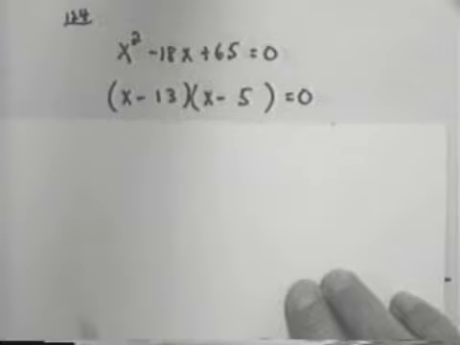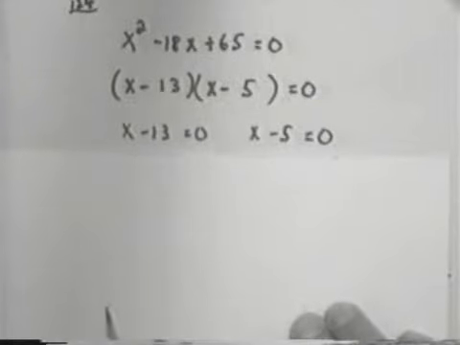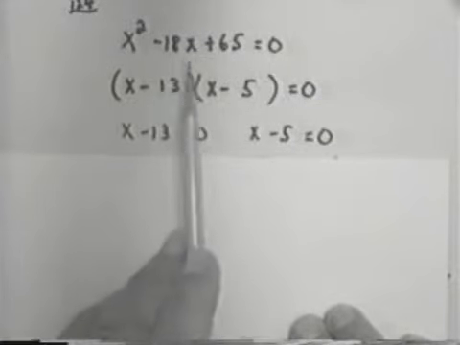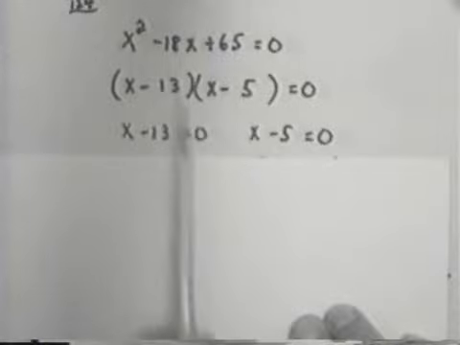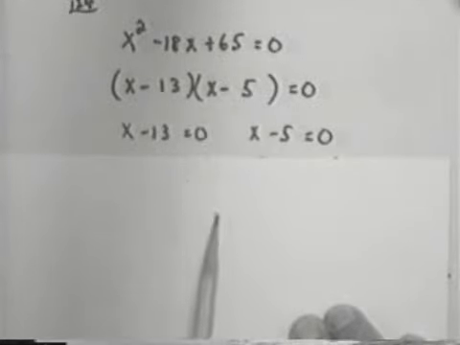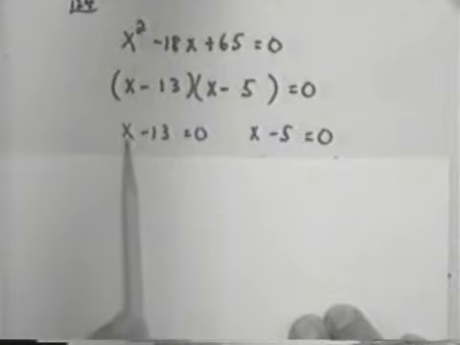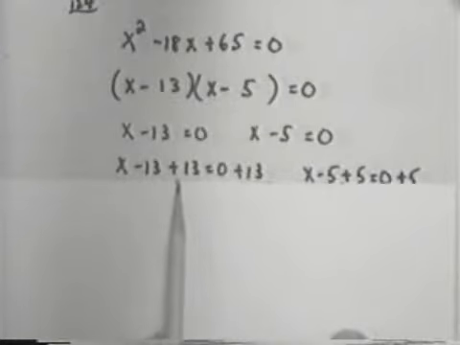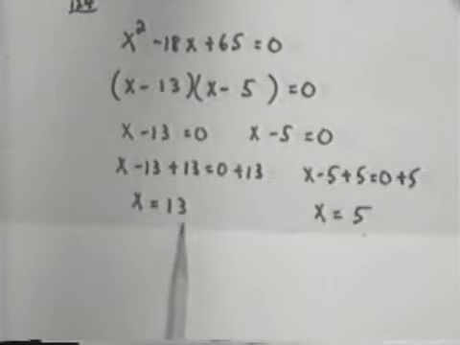Now we set each factor equal to 0. x minus 13 is equal to 0. x minus 5 is equal to 0. Because that's the strategy for solving quadratic equations by factoring. You factor, then you set each factor equal to 0, and now you solve each resulting linear equation. If I have x minus 13 is equal to 0, then I add 13 to both sides to get x is 13.